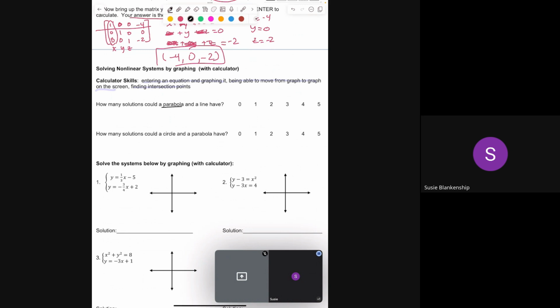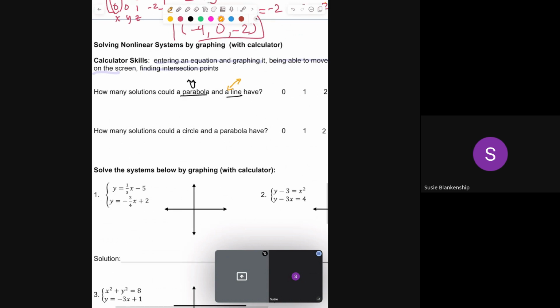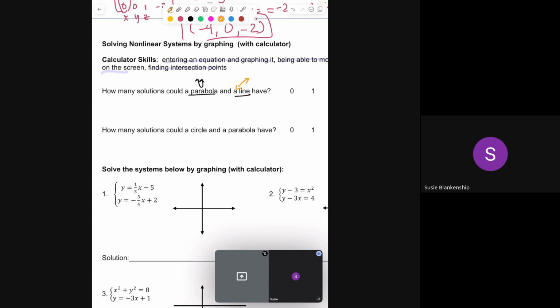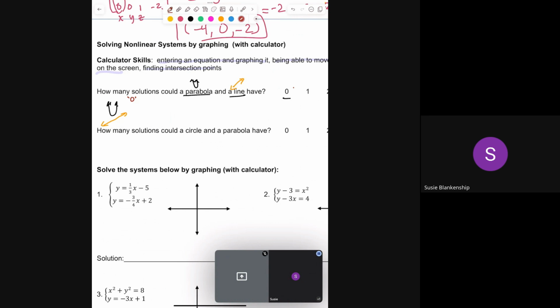If you have a parabola and a line, a parabola looks like this, and a line obviously looks like this. So if I want to know how many solutions I can have, well, if I draw my parabola like this, and I don't want any solutions, that means they never intersect. So I can have a line like that. They're never going to connect. So that's 0. We can also have one solution. If I have my parabola here, and I have a line, the line can touch at one little spot.